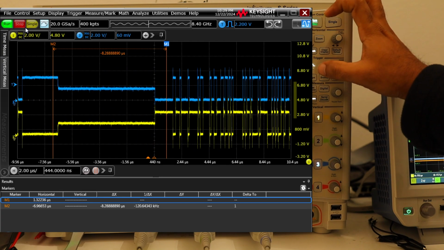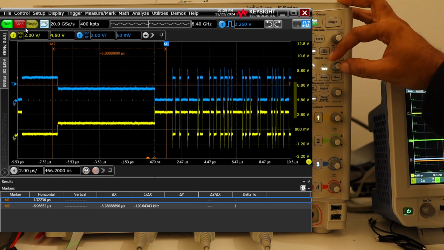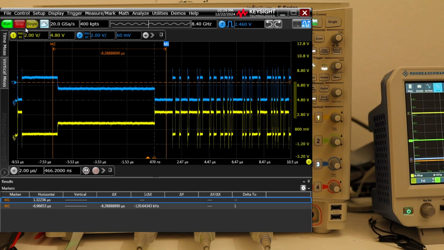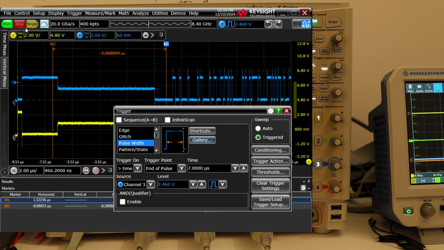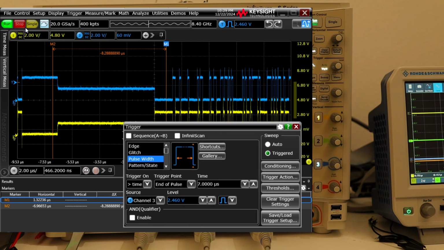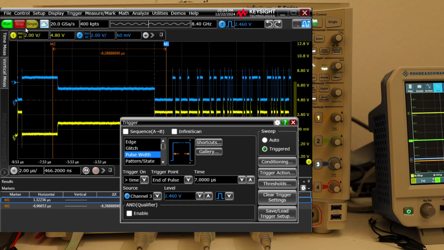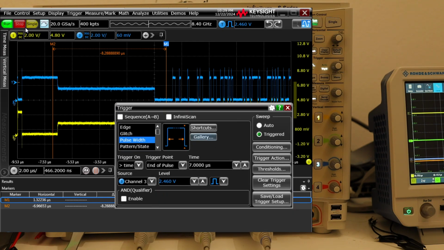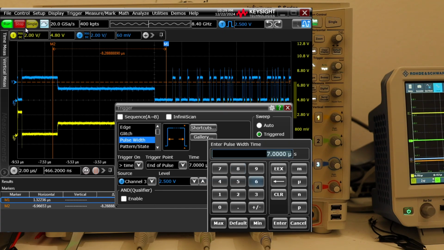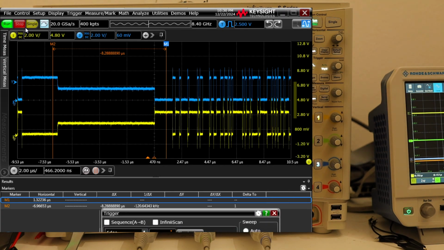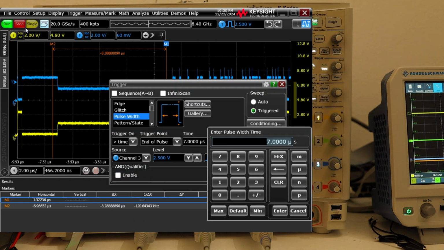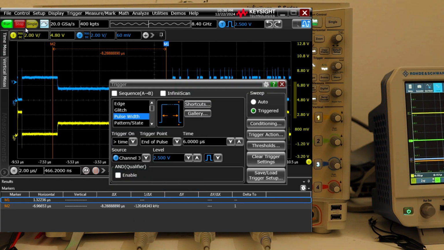Is it triggering? No, it's not triggering all that much. Setup channel number 3. Time is greater than 7 microseconds. Positive going pulse. I think I measured it wrong. Maybe delta is different. So delta is 8 microseconds. That is correct. We'll reduce it to 6 microseconds.